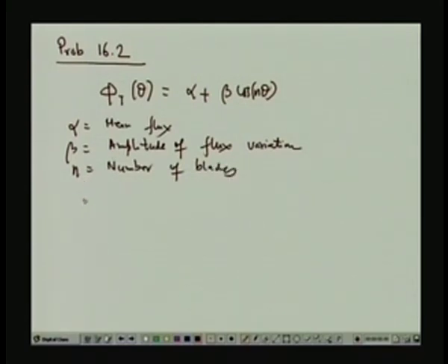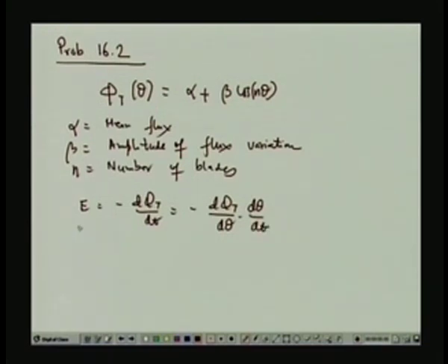So E is equal to minus d phi by dt, which is minus d phi by d theta into d theta by dt.